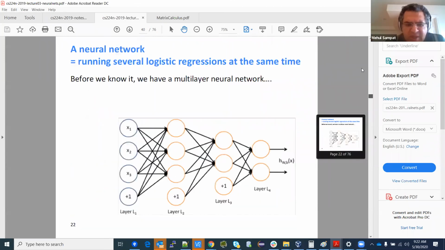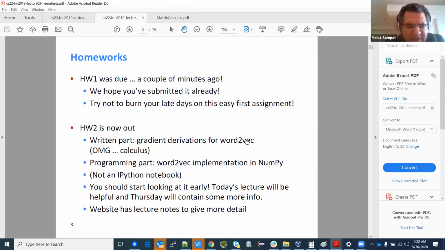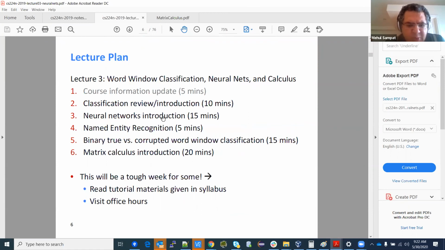Yeah. The hard part about this lecture is the way it's broken up. We had a classification review, then a neural networks introduction, and then the named entity recognition. And the next, maybe like Srinivas said, is from an earlier time: how to do this word window classification.